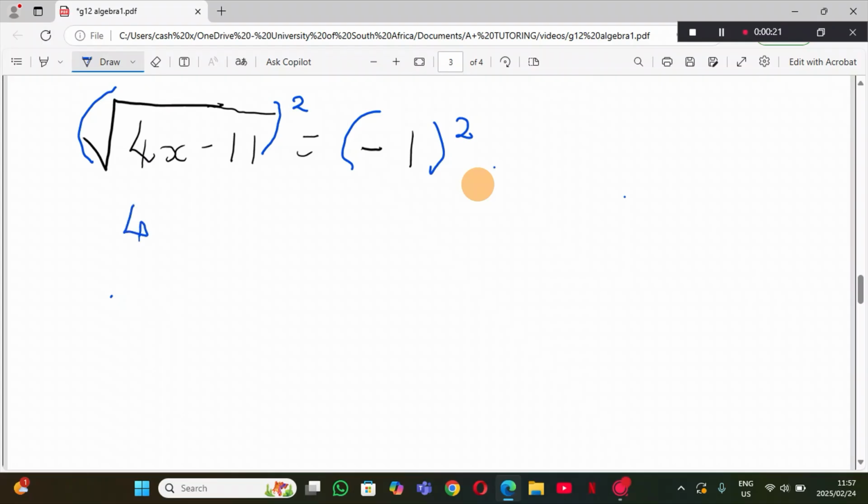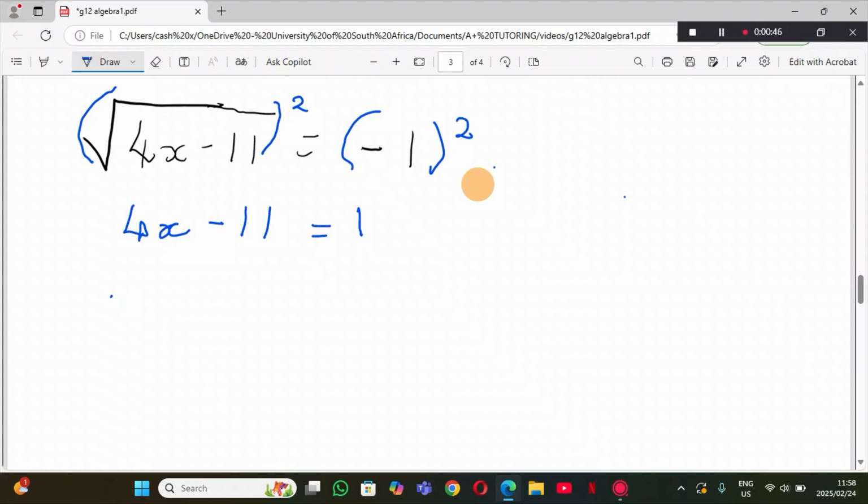And then we end up with our 4x minus 11 is equal to, what is minus 1 squared? Remember, when we square anything minus, we get a positive, meaning minus 1 squared would give us positive 1. Now when we get to this step, we take anything that does not have x, because we want to solve for x.